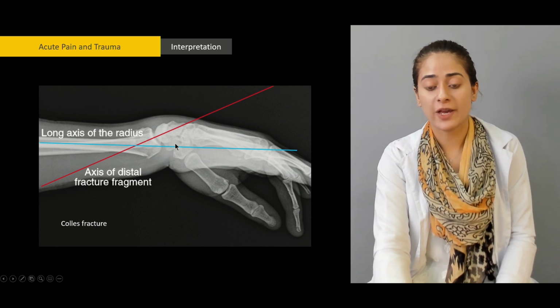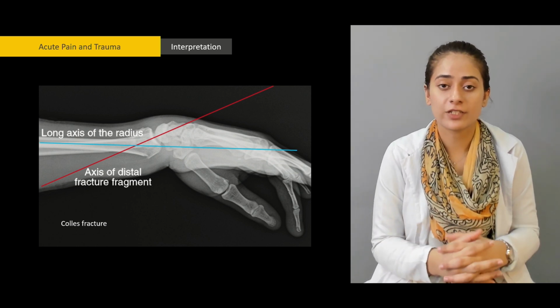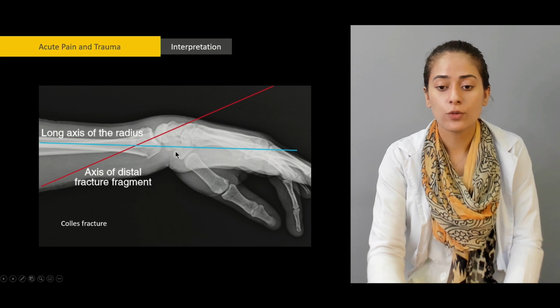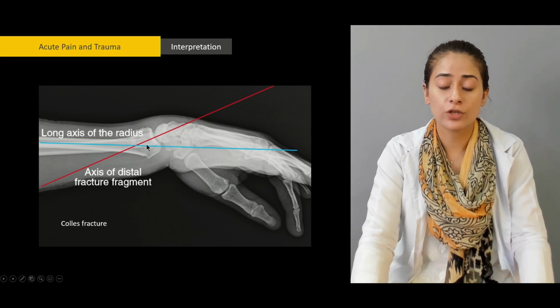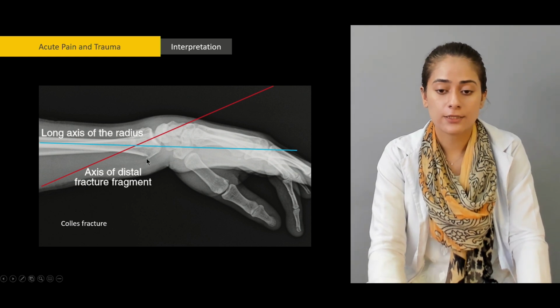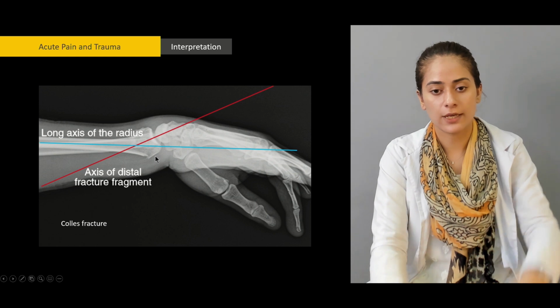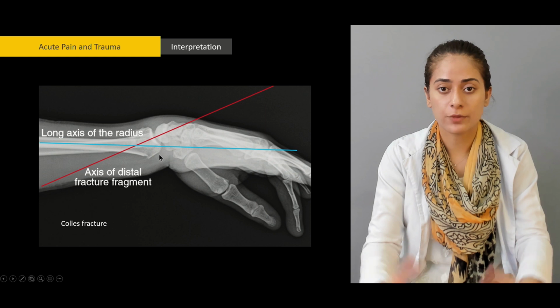The median nerve is passing underneath the flexor retinaculum, as we know. So there is a very high chance that the median nerve will be damaged here, further complicating the condition.